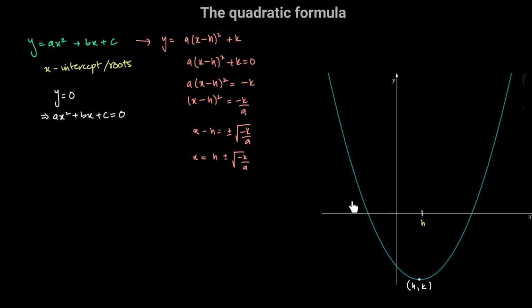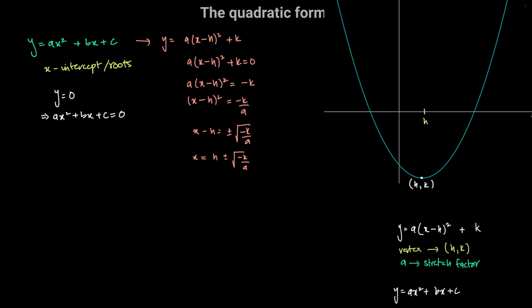So my two x-intercepts are h plus the square root of negative k over a, that's this one on the right, and the other one that I have is h minus the square root of negative k over a. But my objective over here is to find the values of the x-intercept in terms of a, b, and c.